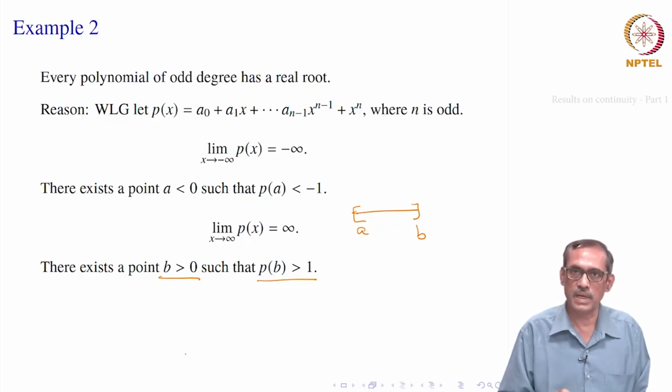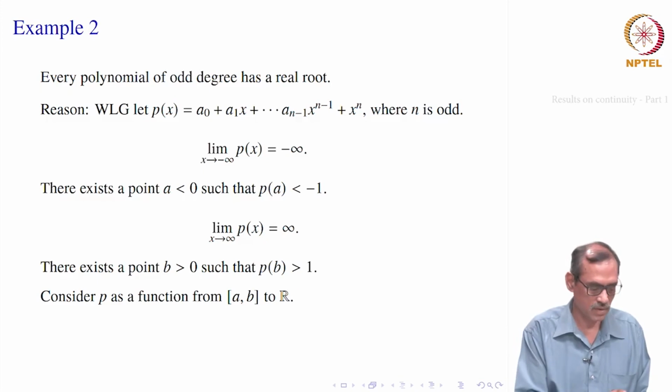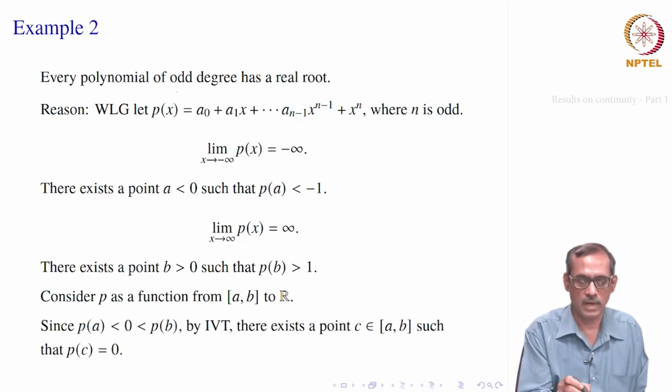Therefore, by intermediate value theorem, since 0 lies between minus 1 to 1, there exists one point c such that p of c equal to 0. That is what we wanted, right, that p of c must be equal to 0 for some c. It is an odd degree polynomial, it has a real root, and that is the proof.